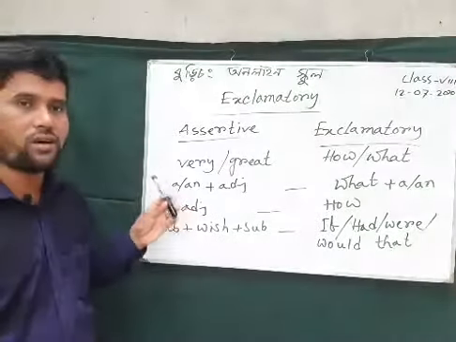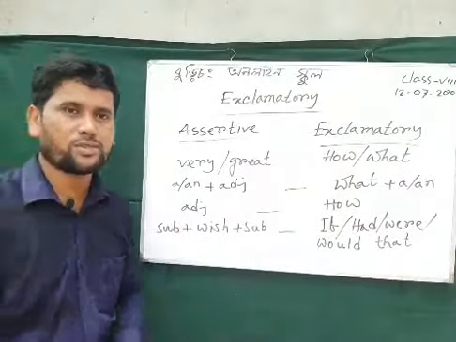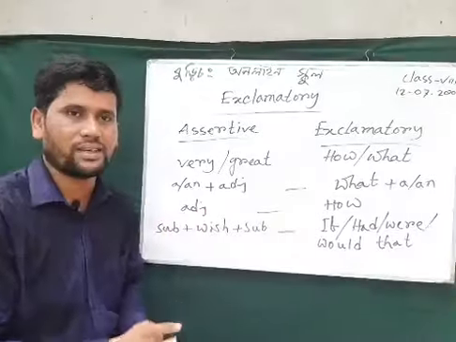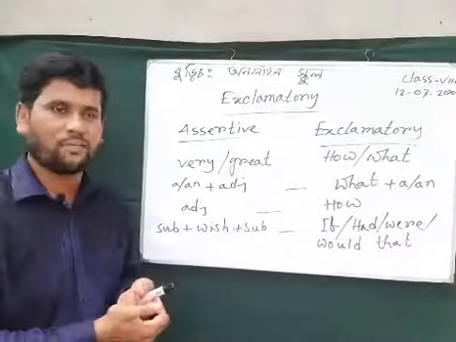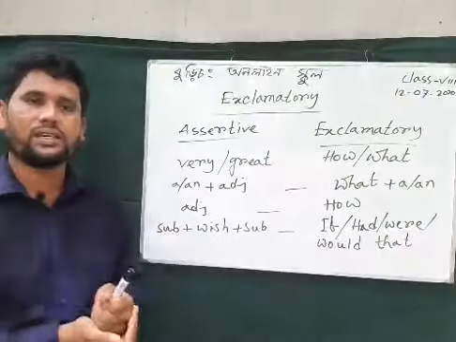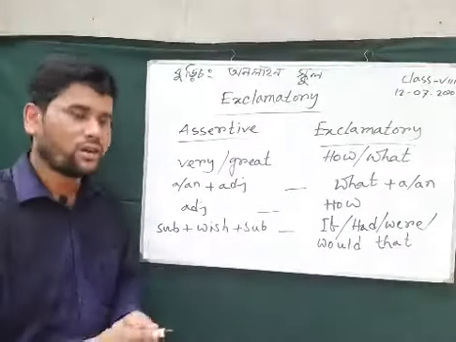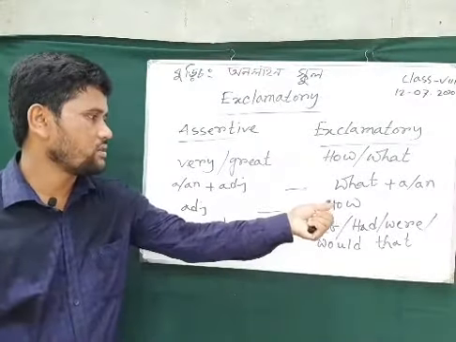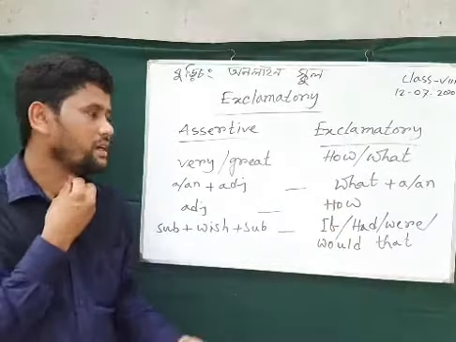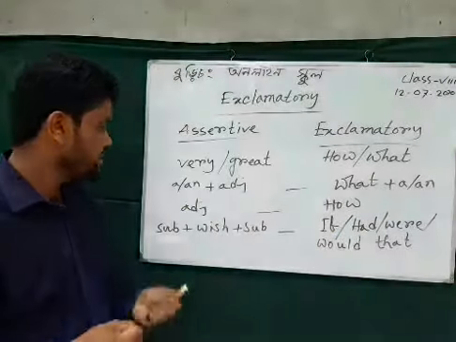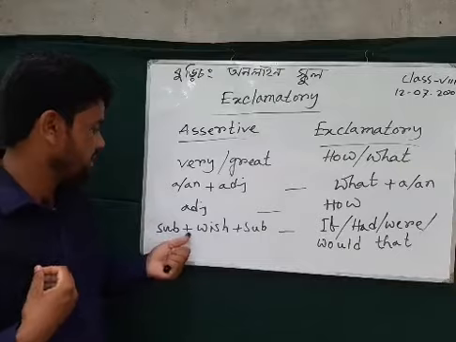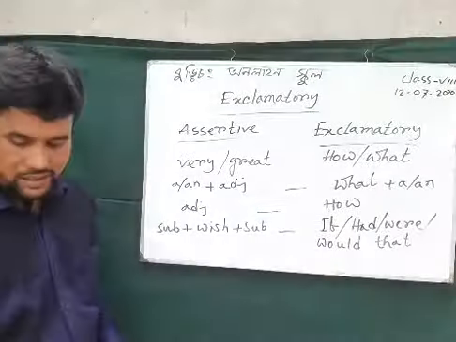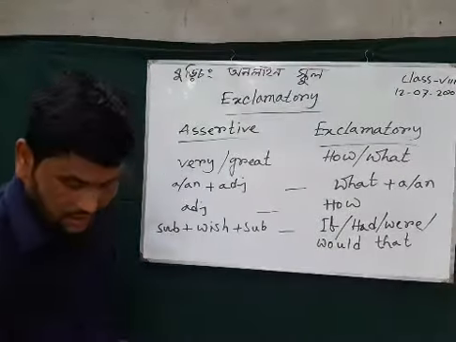When you find only a or an plus adjective, sometimes you don't find very or great, we only find article plus adjective, then we can use what plus a or an. And sometimes we find only an adjective, we don't find a or an, then we can use how at the first of the exclamatory sentence. And sometimes we find subject plus wish plus subject, then we can use if, had, where, would that, something like that.